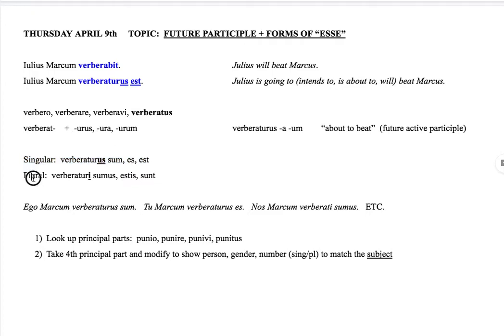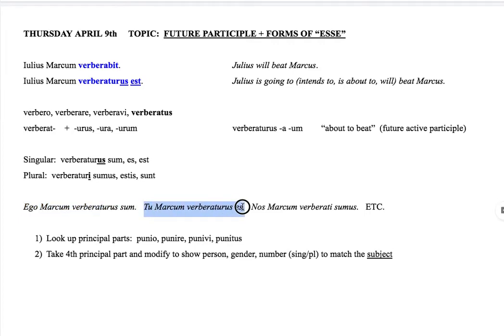And then we go to the plurals and we have verberaturi sumus, verberaturi estis, and verberaturi sunt. The us obviously becomes i for plurals, and we have forms for we, you all, and they. So here are some examples of it in action. Ego Marcum verberaturus sum, I am going to beat Marcus.